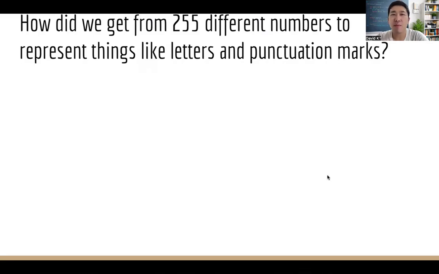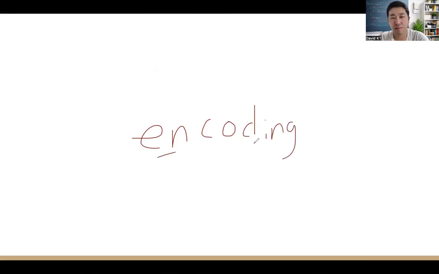So how do we get from 255 different numbers to represent things like letters and punctuation marks? This is known as encoding, in which you turn things into code.